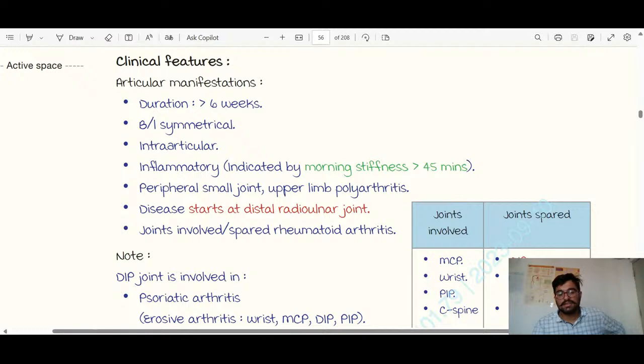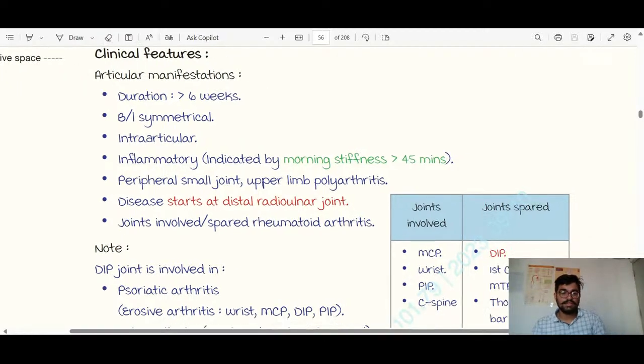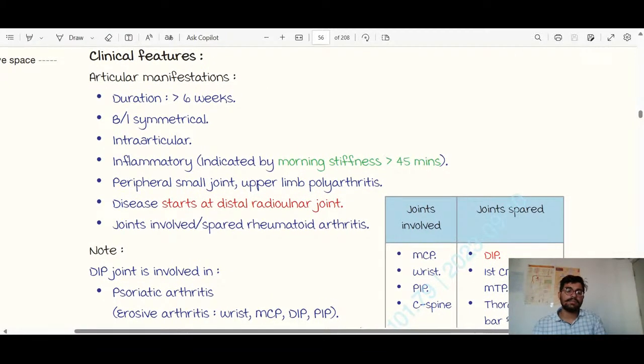So guys, what are the clinical features now? Listen very carefully. Articular manifestation: duration more than 6 weeks, bilateral symmetrical, intra-articular, inflammatory, indicated by morning stiffness for more than 45 minutes. Peripheral small joint and upper limb polyarthritis.